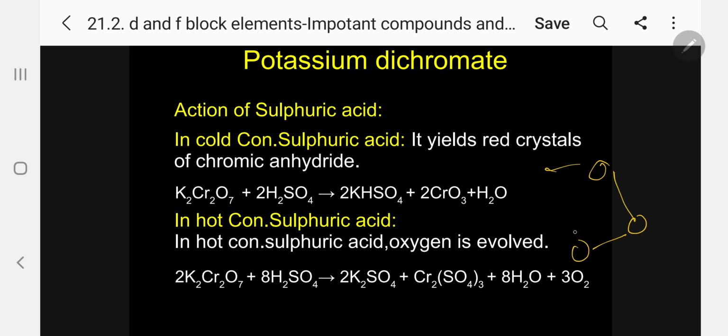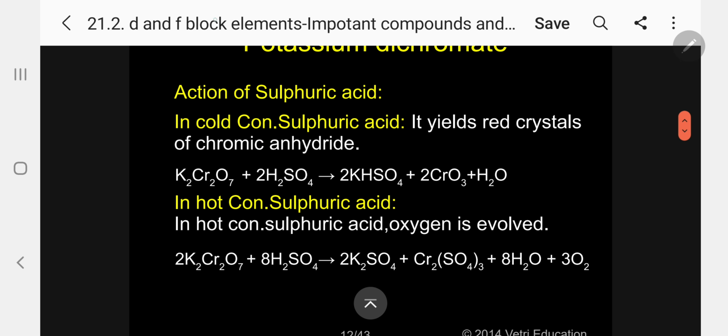Here, this is the chromium valency. So it is a divalency. In this case, 3 into 2 gives oxidation state plus 6. So here it is CrO3, we can write like this. So it is an anhydride like acetic anhydride, etc. That's why we are calling it an anhydride. Please follow. So 2 moles of CrO3.